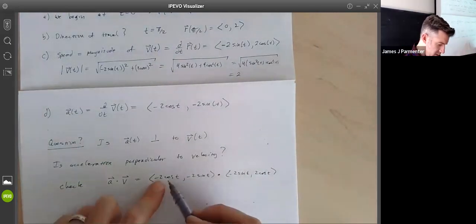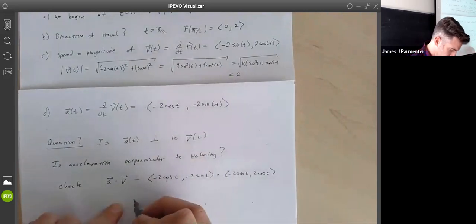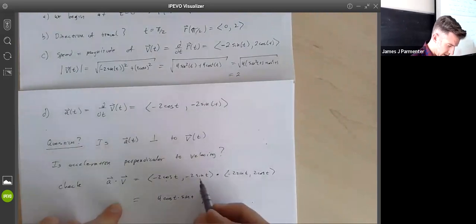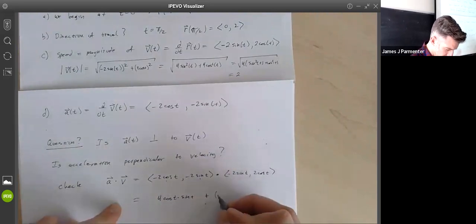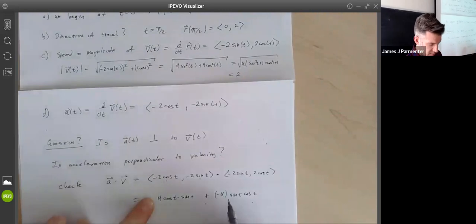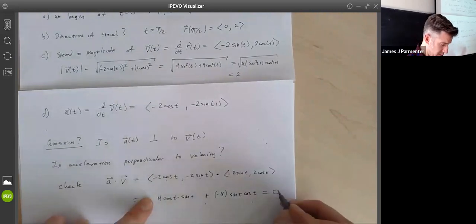So I'm going to get -2 cosine times -2 sine, so that's going to be +4 cosine t times sine t, plus -2 sine times 2 cosine, which is going to be -4 sine t cosine t. And 4 cosine times sine minus 4 sine times cosine, that's going to be 0, no matter what t is.